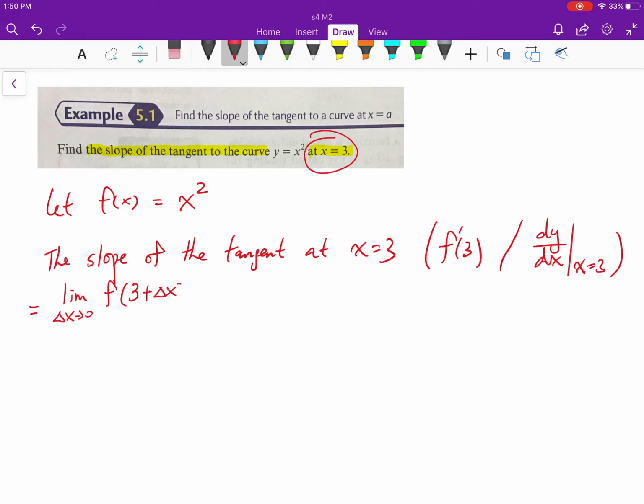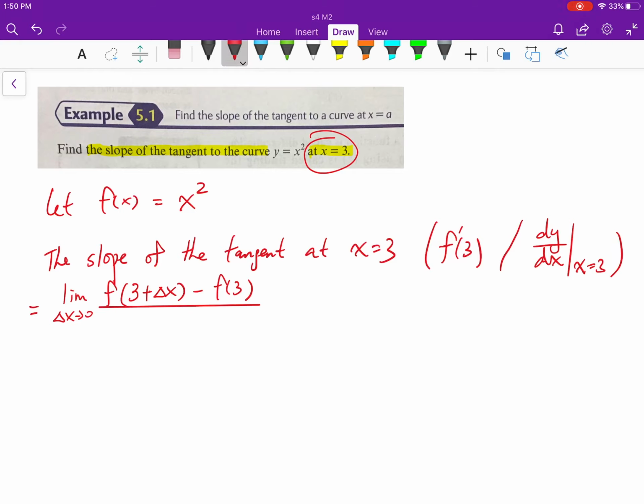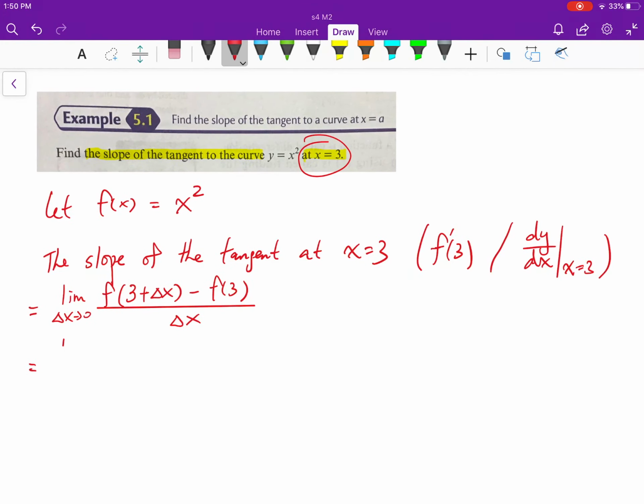By the formula we just learned, it is the limit as delta x tends to 0 of f(3 plus delta x) minus f(3), over delta x. For f(3 plus delta x), we make use of the function, so we get (3 plus delta x) whole squared minus 3 squared, over delta x.